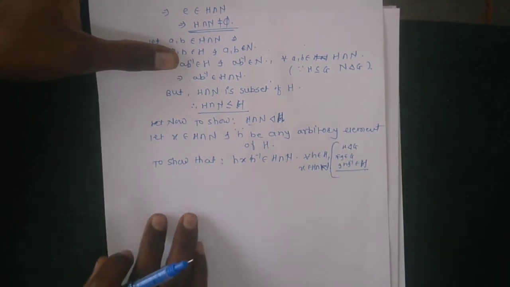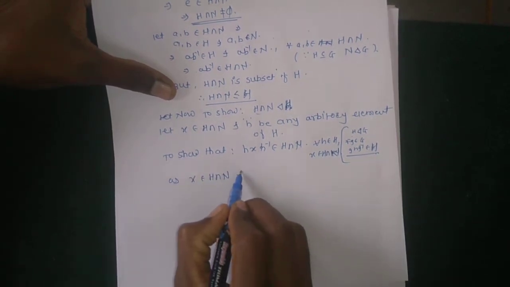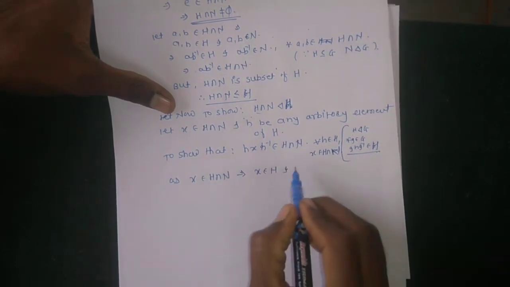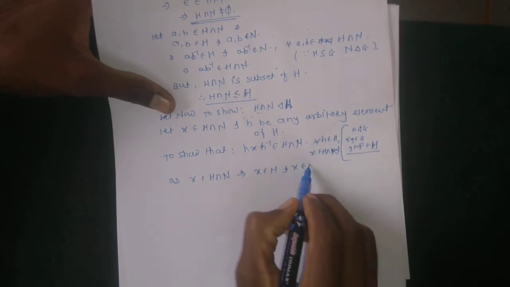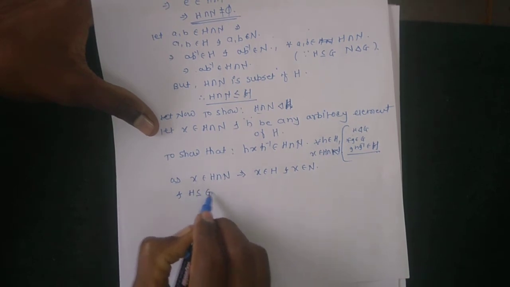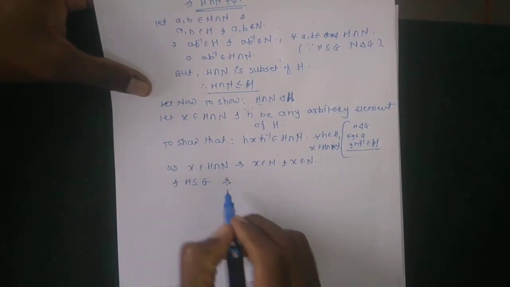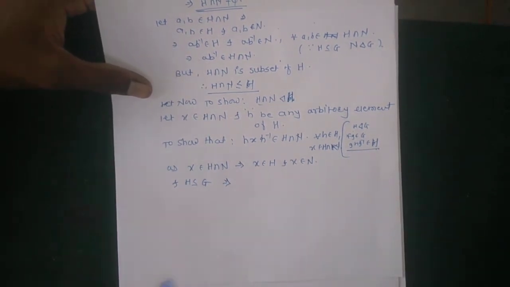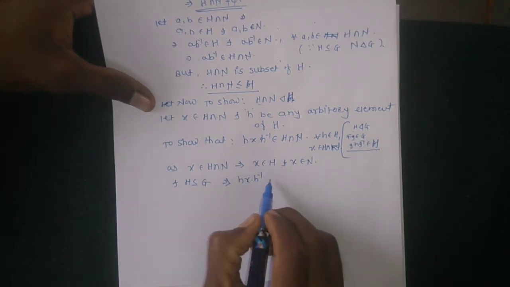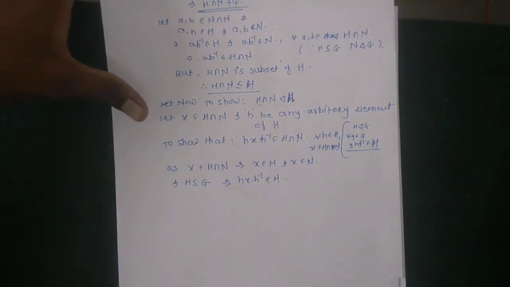So as x belongs to H intersection N, x belongs to H and x belongs to N. As H is a subgroup of G, h x h inverse belongs to H. Why does this belong to H?